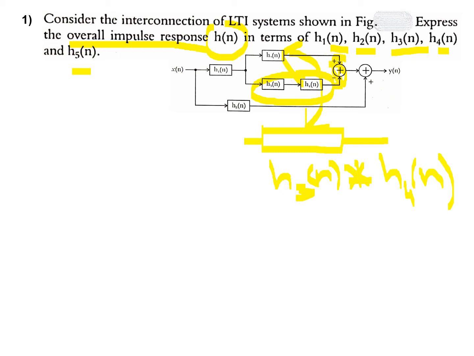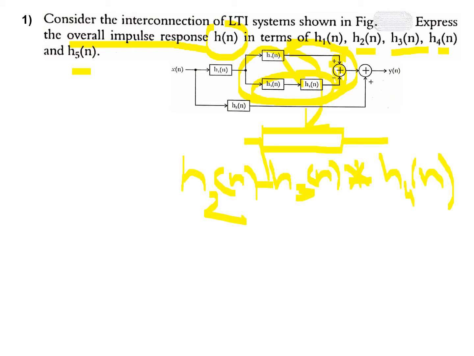Instead of adding the two blocks, you have to subtract. That is h2 of n minus this. So I can replace this entire thing by h2 of n minus this. So this is what I do.